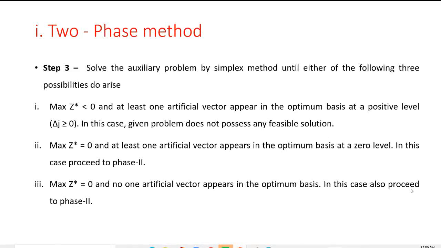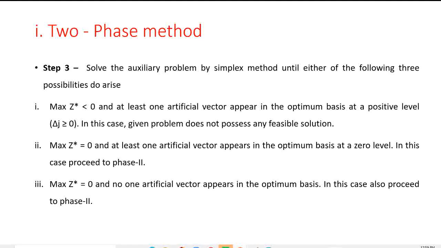In this case also we proceed to phase 2. So if we get the second or third case, we go for the second phase. But if we get case 1, we are not going for phase 2, as there is no feasible solution. So this is phase 1 in the two phase method.